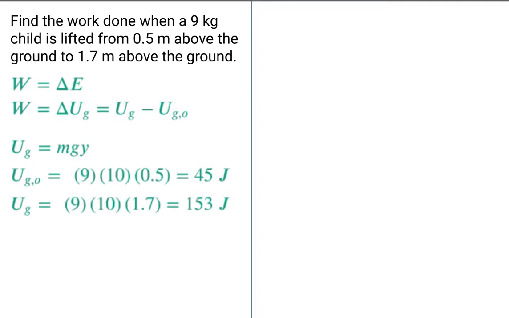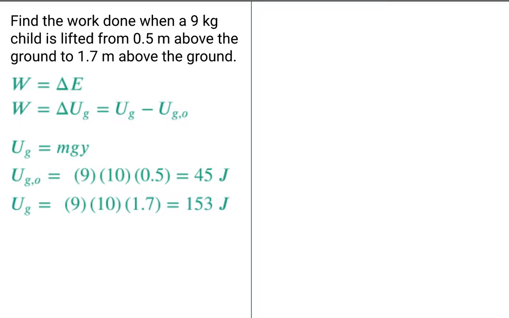So there would be an initial potential energy of 9 times 10. Remember, 10 comes from the gravitational field strength on Earth. So 9 times 10 times the initial height, which is 0.5. And then to repeat that calculation, just using 1.7 as the height instead. So these are our two values of y.